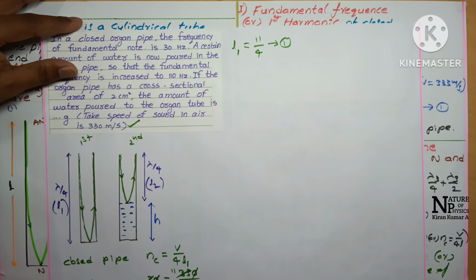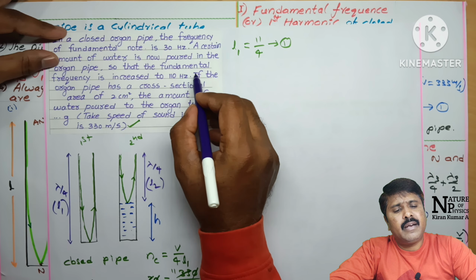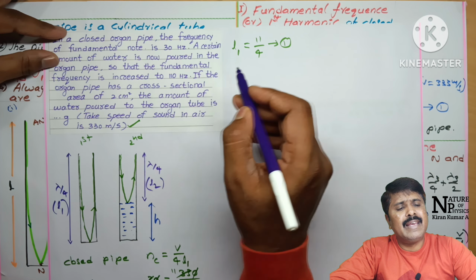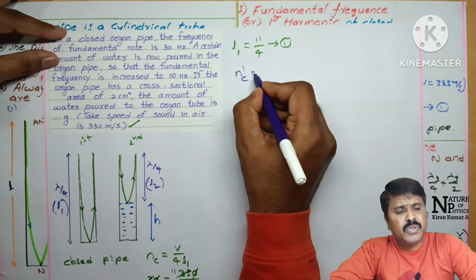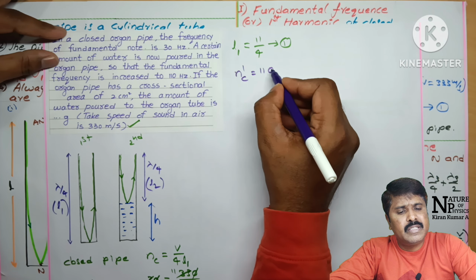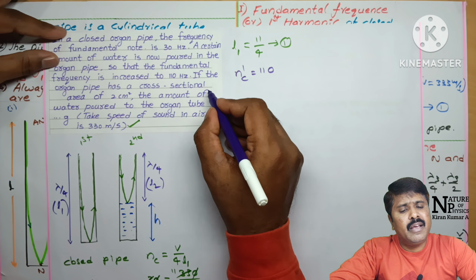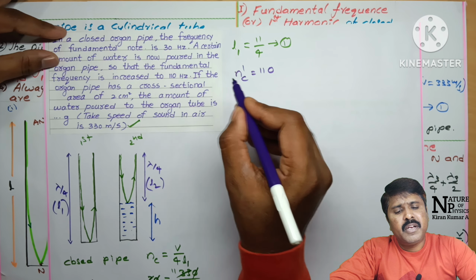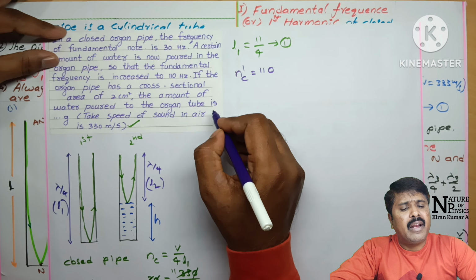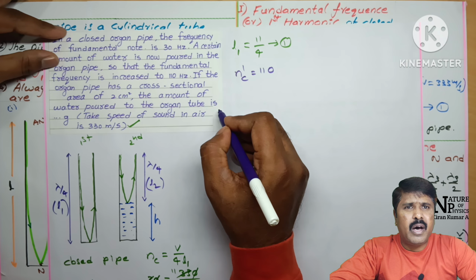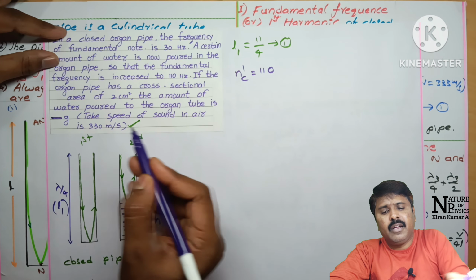Step by step I am going to explain, and then the continuation question. The fundamental frequency is increased. How much? Next one is NC dash, which is given as 110. If the organ pipe has a cross sectional area of 2 centimeter square, the amount of water poured into the closed organ tube, in grams, is asked in the question.